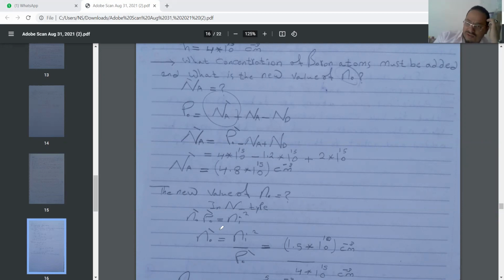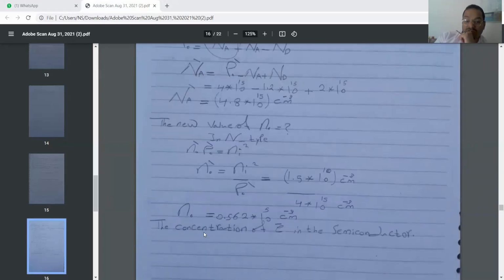equals n naught dash times p naught dash equals the intrinsic carrier concentration squared, by using this one. It's important: the same old equation, the same mass action law, but with the new hole and electron concentrations. By that, we can easily calculate the last result for n naught dash.